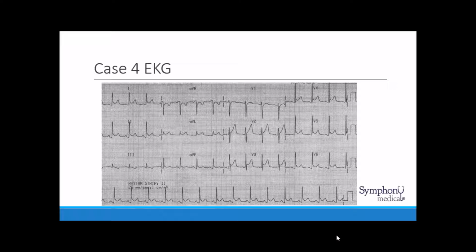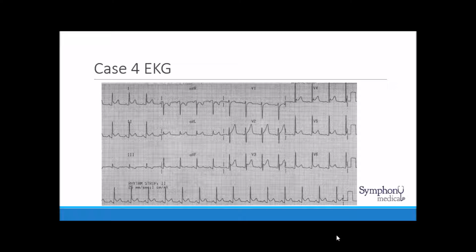Here's the EKG. Is it normal? What's abnormal about it? Okay, so someone said ST elevation. Where? Diffuse ST elevation, I hear. Is there ST elevation in AVR?